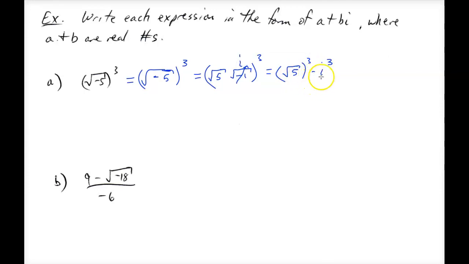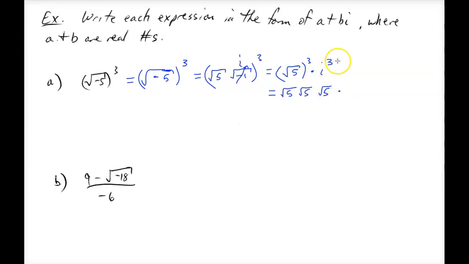So from here, we know that the square root of 5 raised to the 3 is like the square root of 5 times the square root of 5 times the square root of 5.